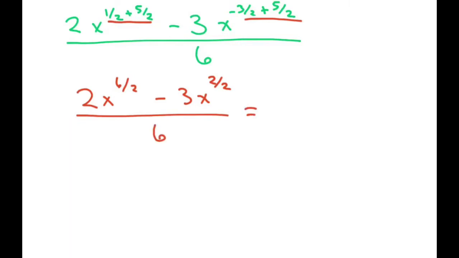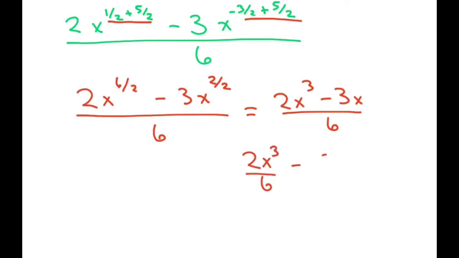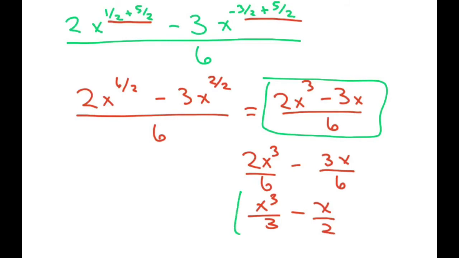So this equals 2x cubed minus 3x over 6, or you can also write it as 2x cubed over 6 minus 3x over 6, which gives you x cubed over 3 minus x over 2. So basically, this one's fine.